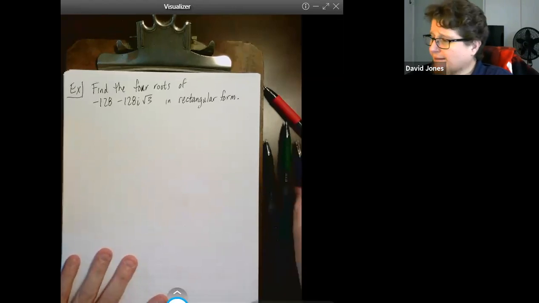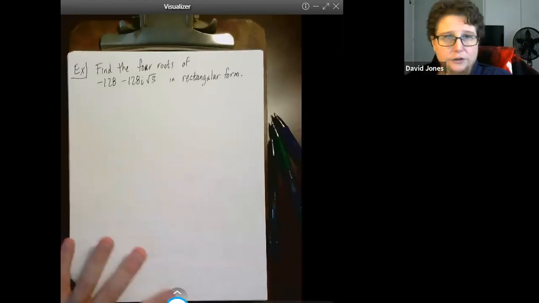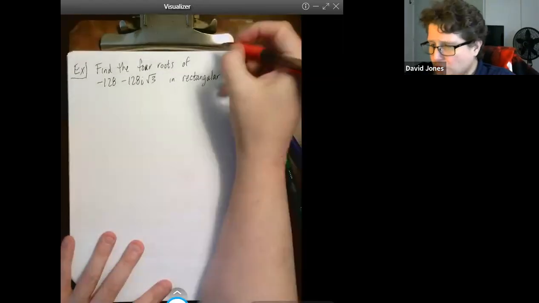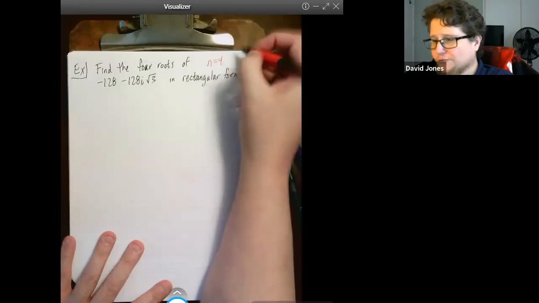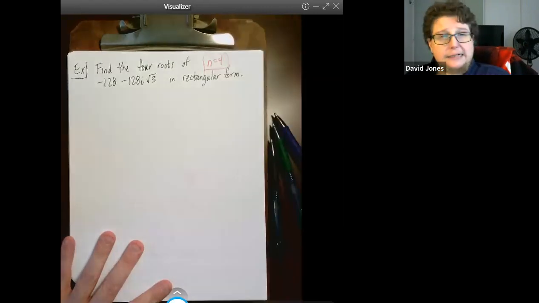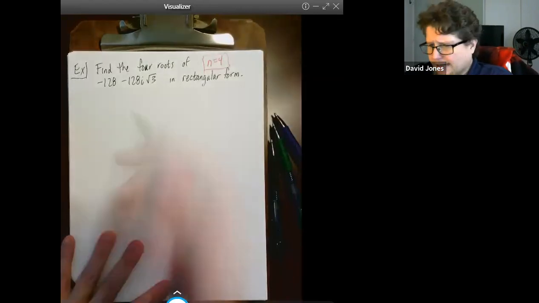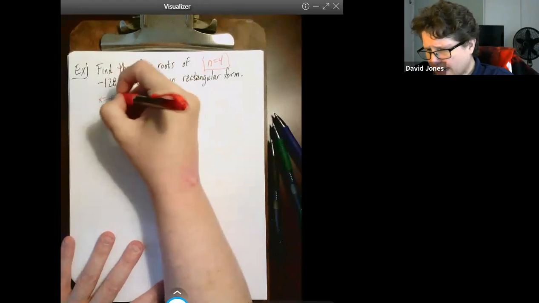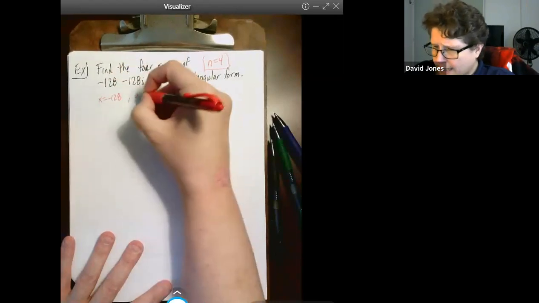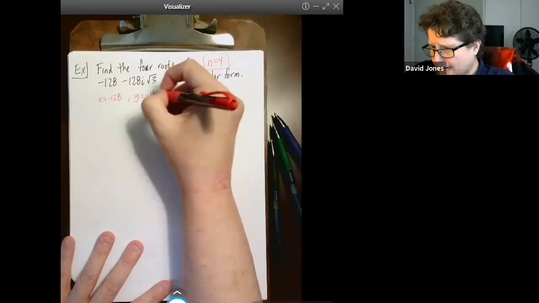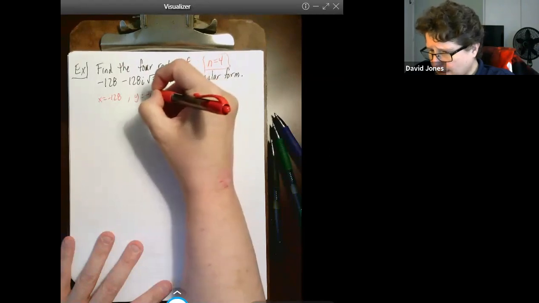Okay, so what do we have here? We got to figure out what angles we've got going on. We know we've got n equals 4 because there's 4 roots, right? Here, x is negative 128. Y is negative 128 root 3.